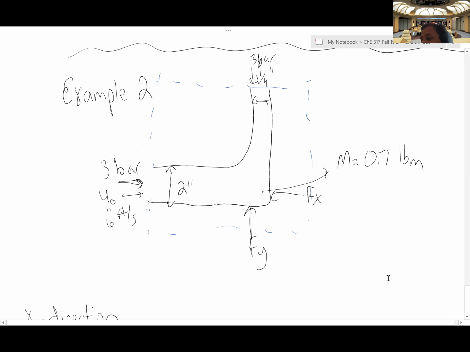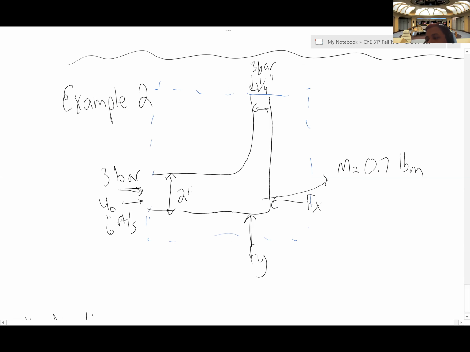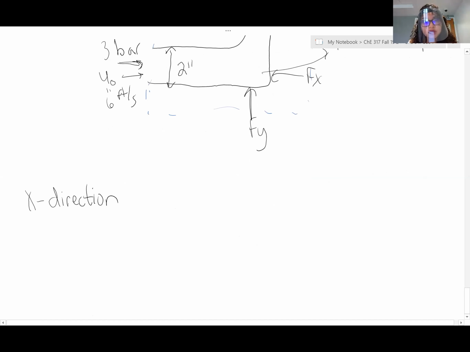What types of forces do I have involved in the X direction? We have the 3 bars that are coming in, and so we just have to multiply that by the area to get the force. So I have the pressure in times the area.